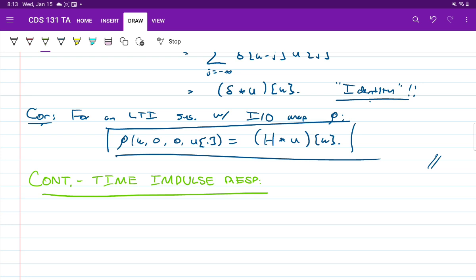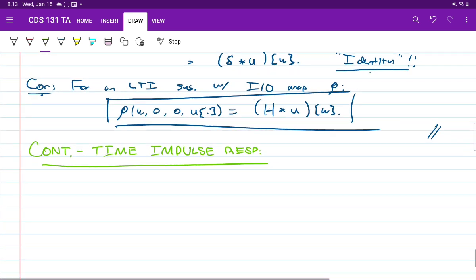But here we've done the exact opposite. We started in discrete time, and then we'll take a look at continuous time afterwards. So you should be a little bit suspicious that I did this. The reason is that it's actually pretty hard to define a continuous time impulse response and do it rigorously.